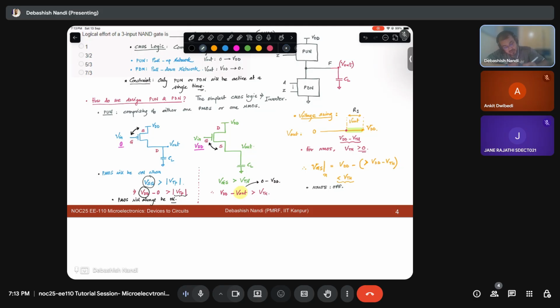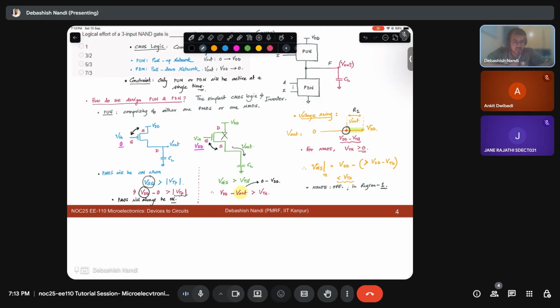Let's say this is region 1. So if my NMOS is off, that means this path is not active anymore. That means my capacitor will not get charged further than this voltage.